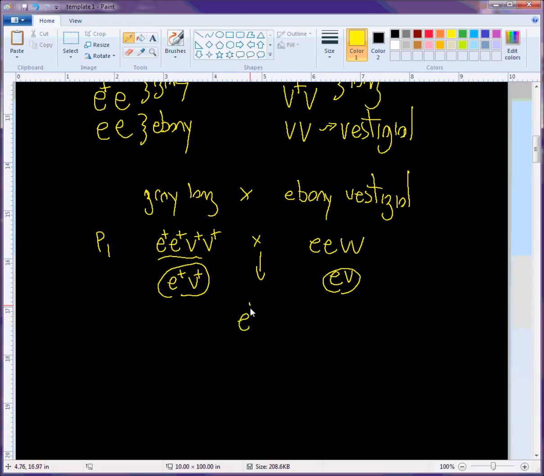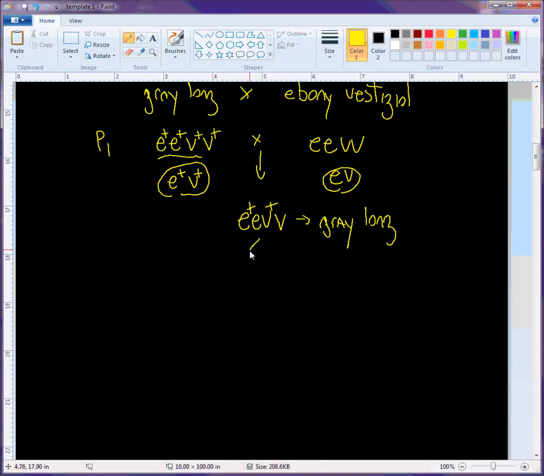And when these combine during fertilization, we have a genotype that looks like this. So all the flies are going to have a gray body color and long wings, because they have a dominant allele for each of those traits.